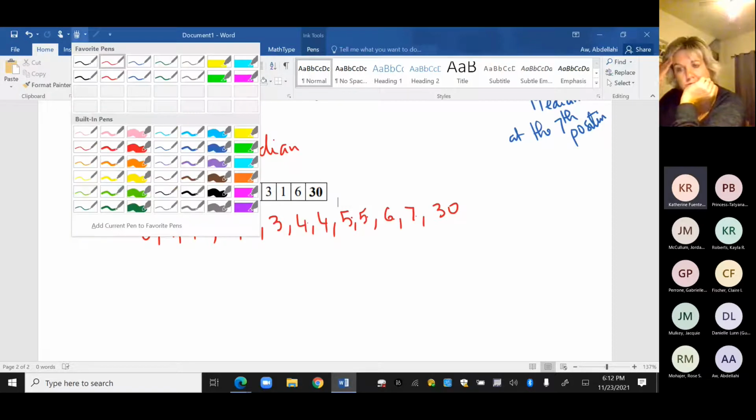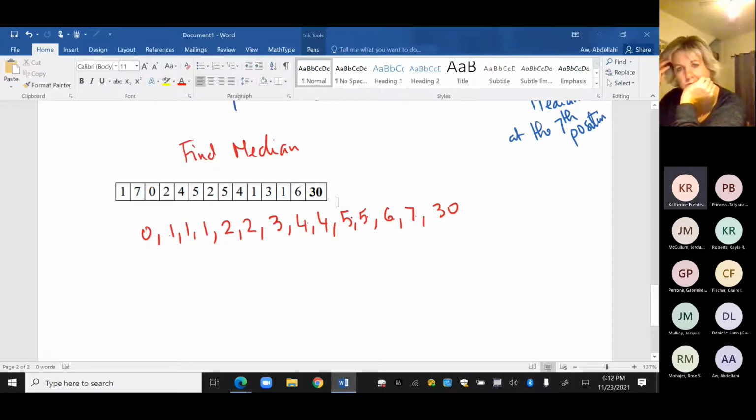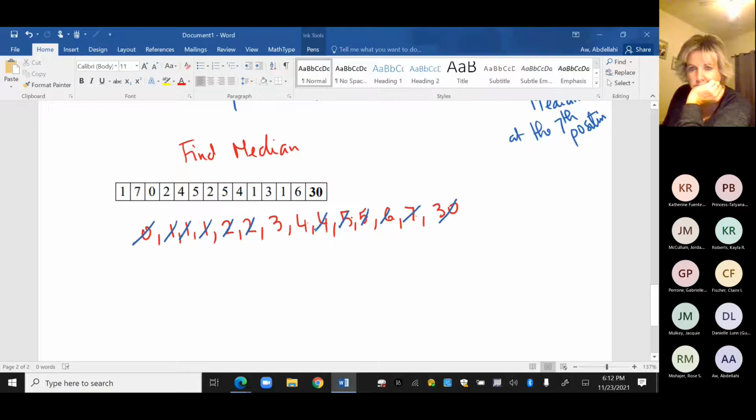Again, we can do the crossing out. Let's cross out the first option. We cross out left, right, left, right, left, right, and then I have 2 left.